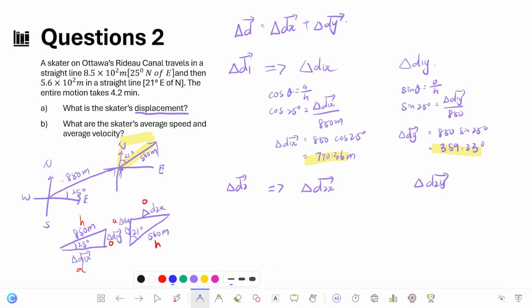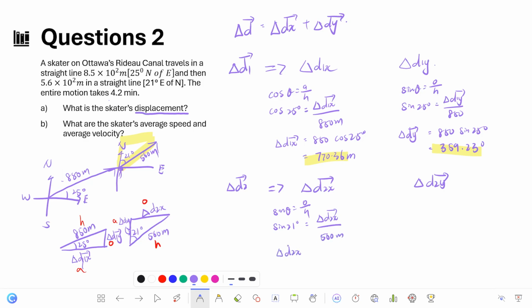Therefore, for the x-axis here, it is O, and we have the information for H. So OH, we should use sine. Sine theta is equal to O divided by H.